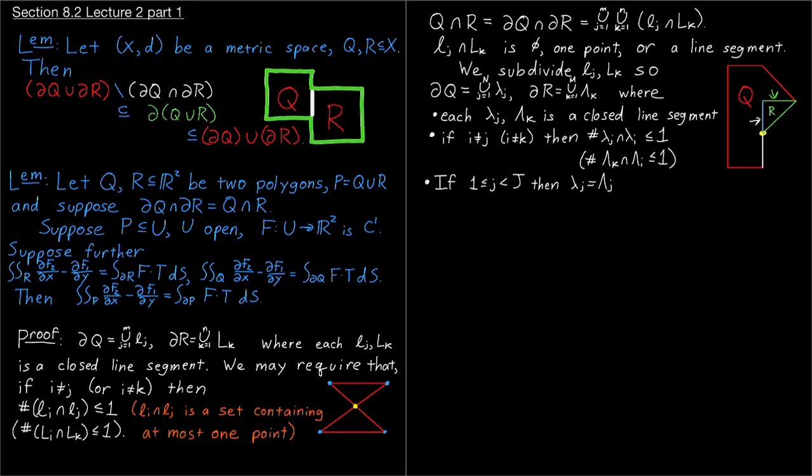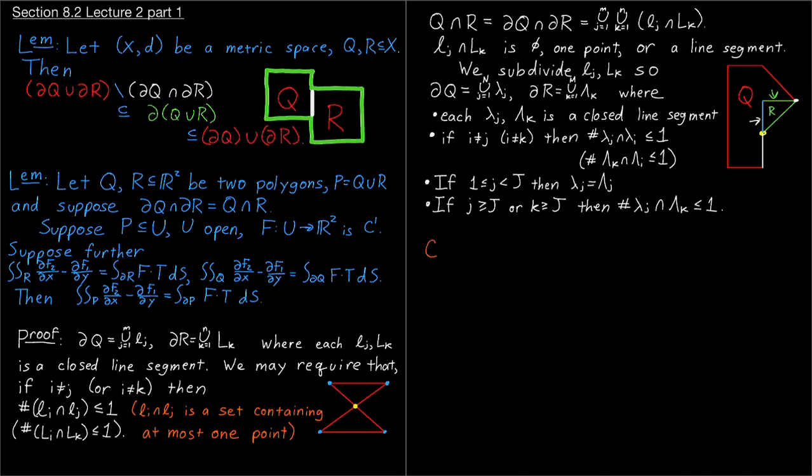And if j or k is bigger than J, then they intersect only at 1 point, or possibly they don't intersect. They can intersect at their endpoints, but that's it.